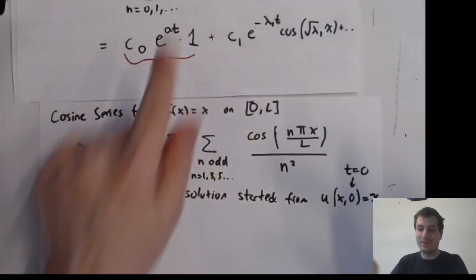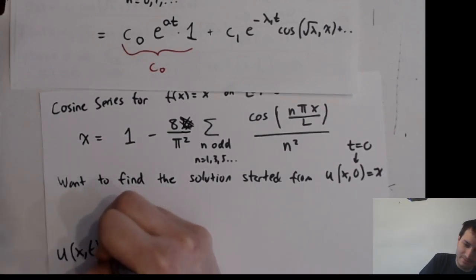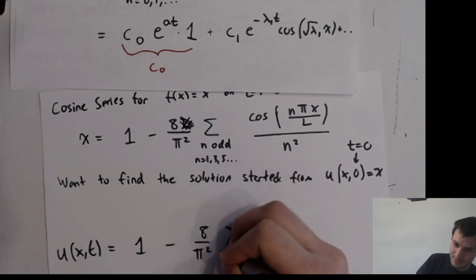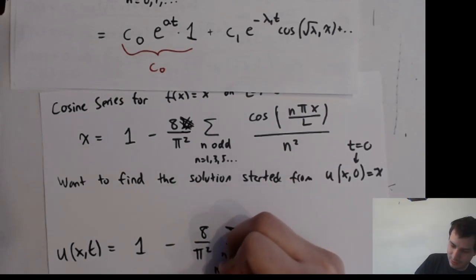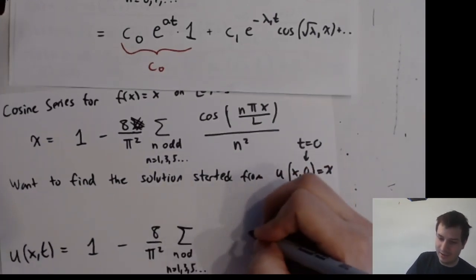So I think I can write it like this: u of x, t is going to be 1 minus 8 over pi squared, the same sum over odd n, 1, 3, 5, and so on, with the same cosine terms as before.